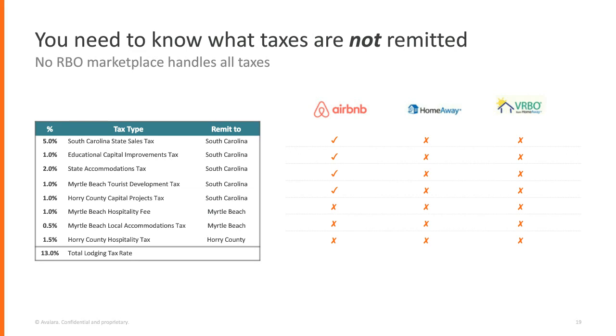Our service follows these listing agencies very closely. We are partners with both Airbnb and VRBO, so we stay up to date and can advise on what they're doing and how our service can continue to automate these taxes for you.